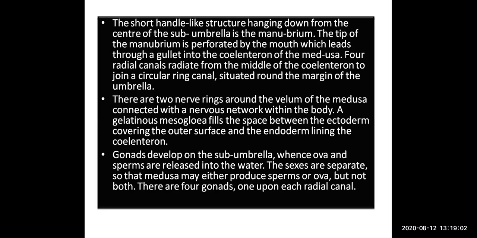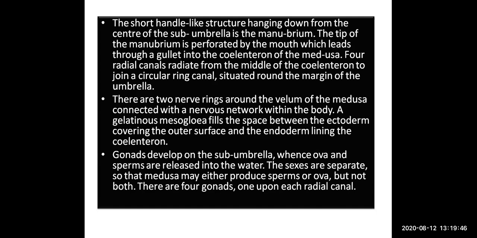Four radial canals radiate from the middle of the coelenteron and join a circular ring canal situated around the margin of the umbrella. There are two nerve rings around the velum of the medusa connected with the nerve network within the body. Gelatinous mesoglea fills the space between the ectoderm covering the outer surface and the endoderm lining the cavity. Gonads develop on the subumbrella, and sperms are released into water.